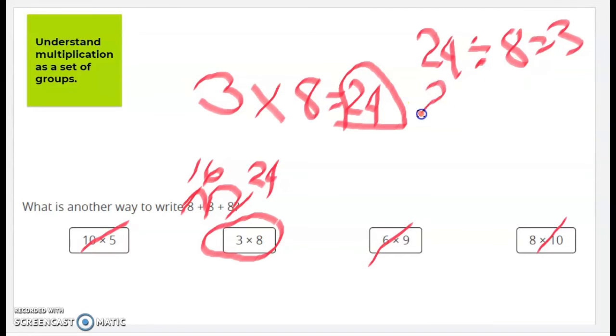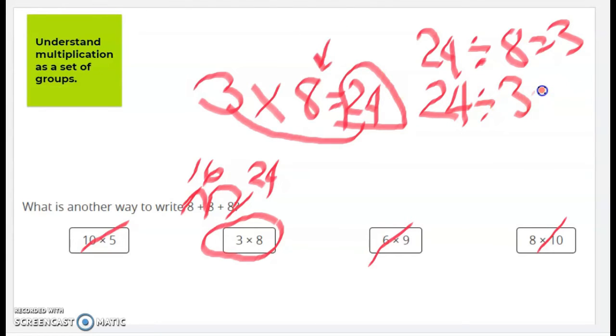If we start with 24, we can also divide 24 by 3. 24 divided by 3 is equal to 8. So we have done 2 operations, right? Using multiplication and then division as well, because division and multiplication are opposite, or inverse, operations.